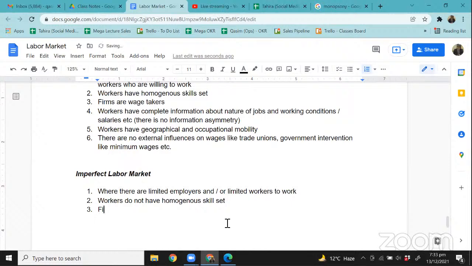Then firms can have bargaining power against the other group.